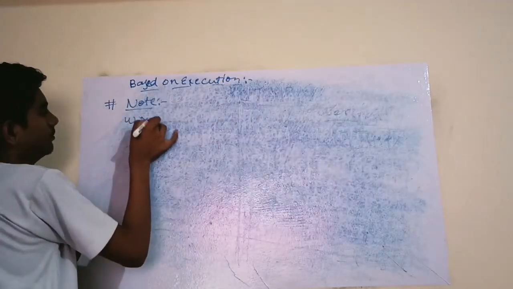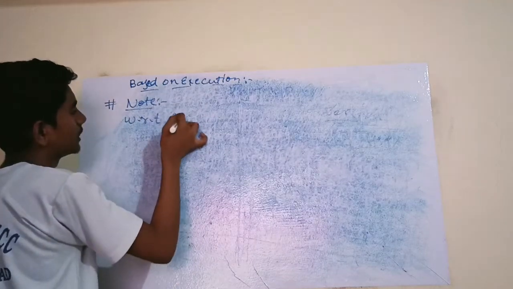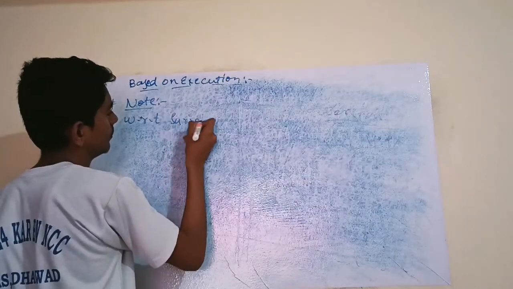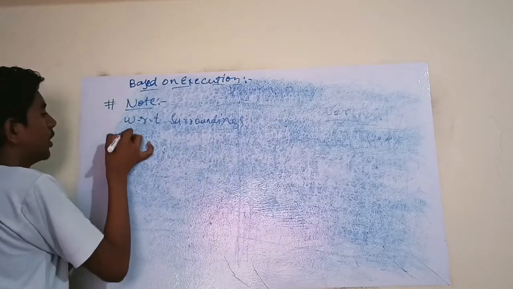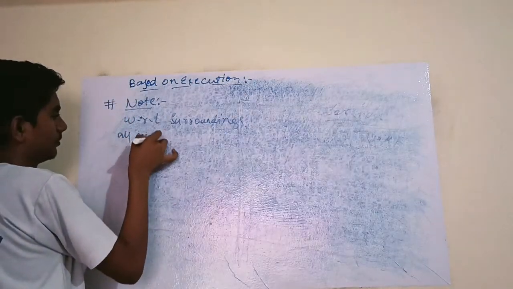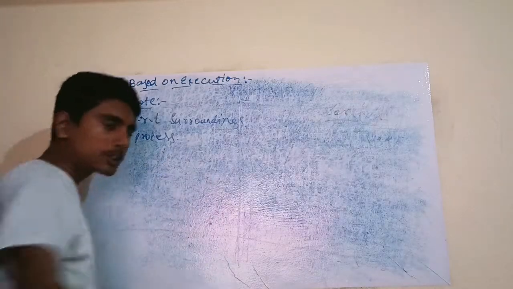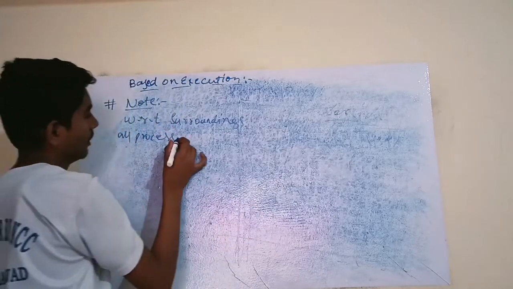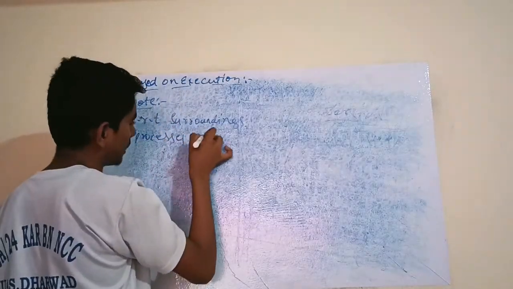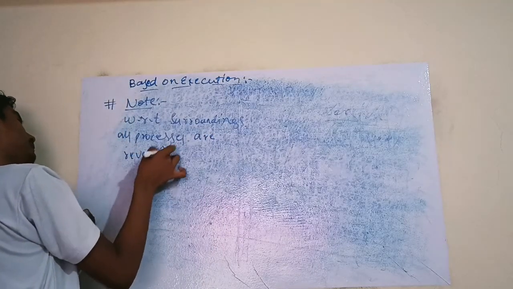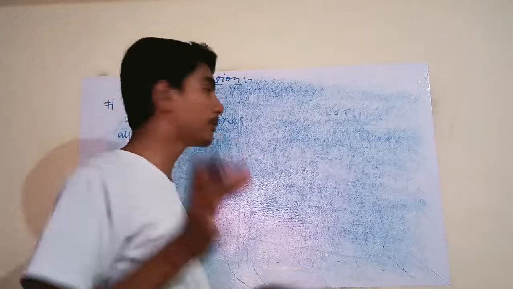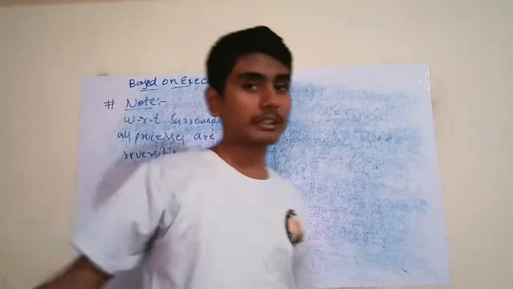With respect to surroundings, all processes, whether reversible or irreversible, are reversible. There is no process in the world which is irreversible for the surroundings.